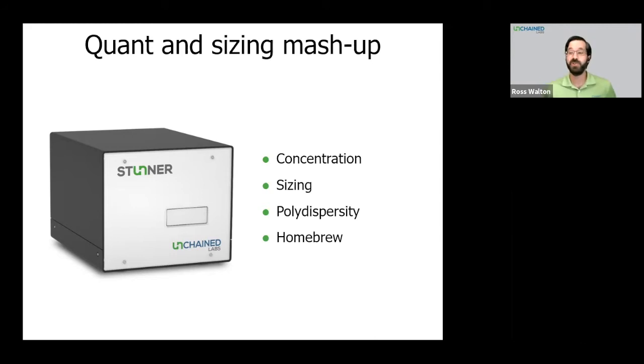Stunner also includes a homebrew function, which lets you build your own custom applications to do things like, for example, determine the drug-antibody ratio of an antibody-drug conjugate, which I'll be showing you some results from an experiment like that in a little bit.